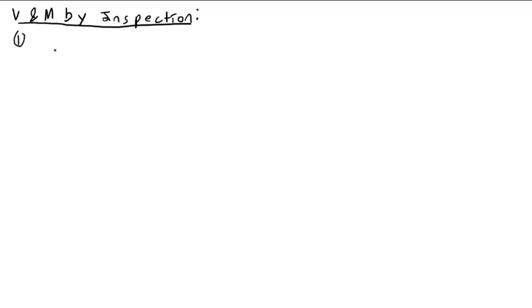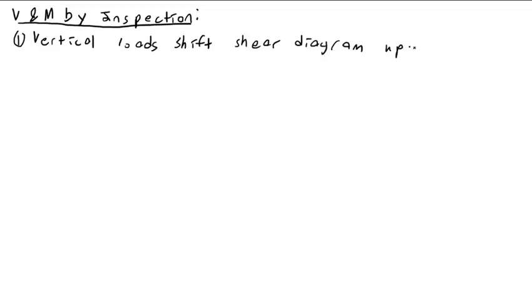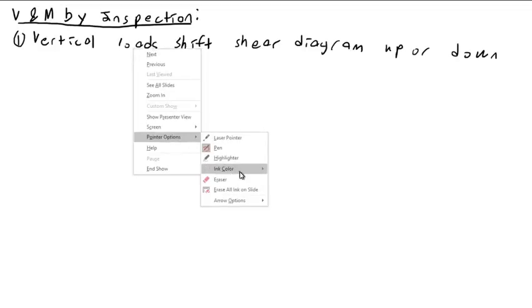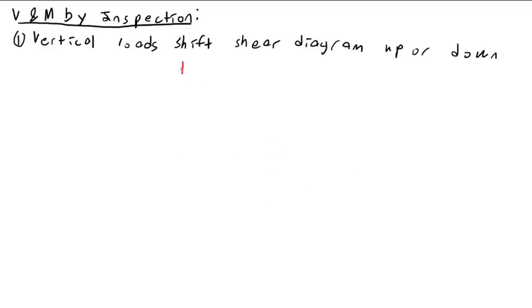One, vertical loads will shift the shear diagram up or down. An upward load will cause a positive increase in the shear, and a downward load will cause a decrease in the shear.